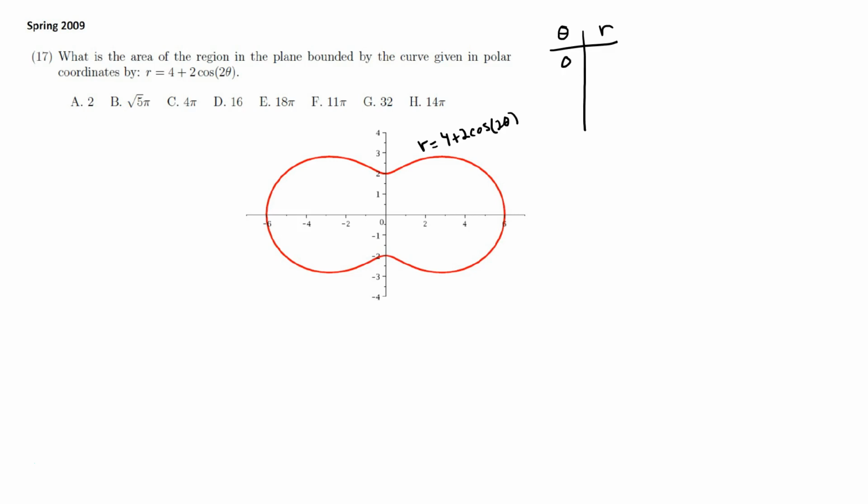When theta is equal to 0, we plug into this formula and get 4 plus 2 times the cosine of 0, which is 1. So we're at 6, and yes, you're at this point when theta equals 0.